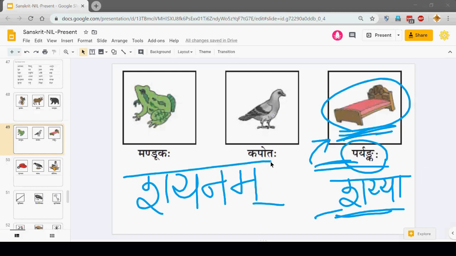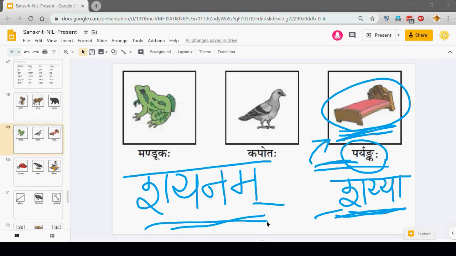Okay? The Shayanam is Napumsaka, a neuter word. So as you see here, to refer to the same object, there could be multiple words, and these multiple words could be in different genders. So Paryanka has masculine gender, Shayya has feminine gender, Shayanam has neuter gender.